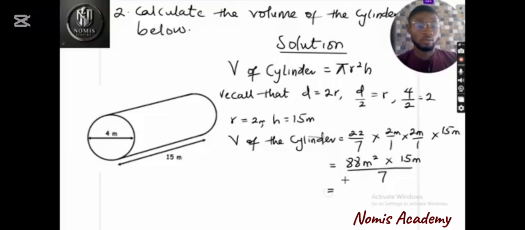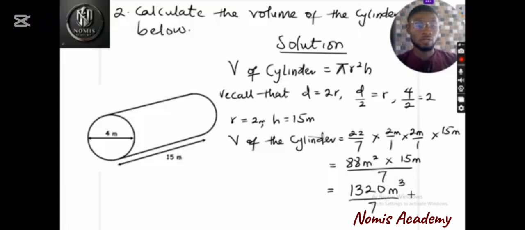So when I multiply 88 by 15 meter, what do we have? 1,320 meter cube divided by 7.